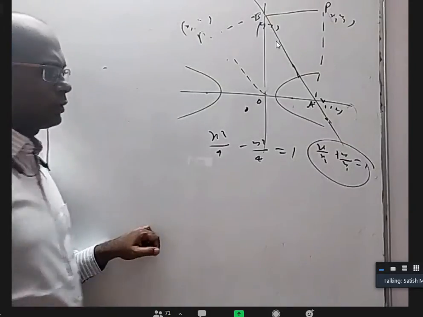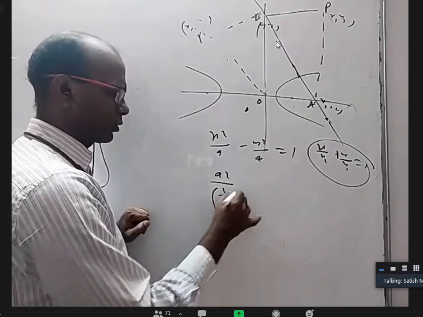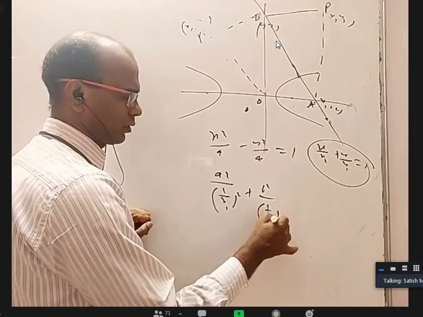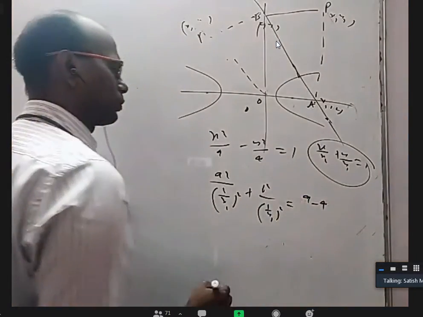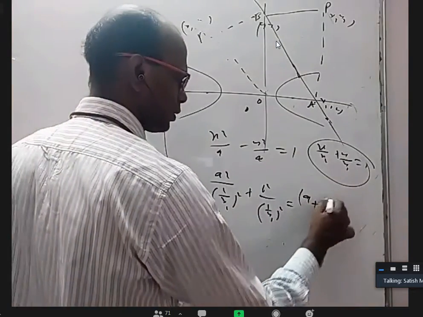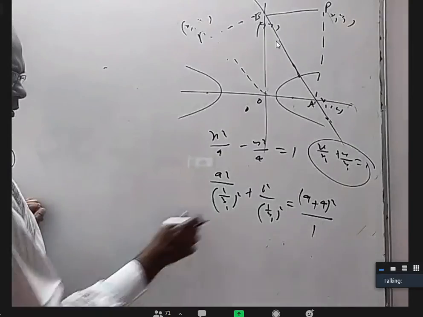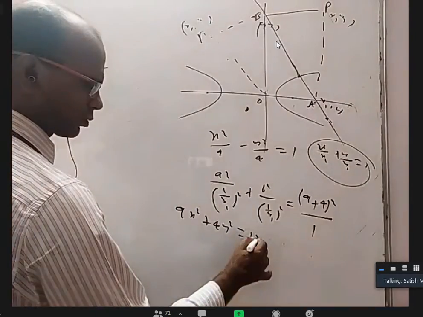For it to be normal, we have a formula: a square by l square, which is 1 by x1 whole square, plus b square by m square, 1 by y1 whole square, equal to a square plus b square whole square by n square, which is 9 plus 4 whole square by n square, which is 1. This is 9x square plus 4y square equal to 13 square.